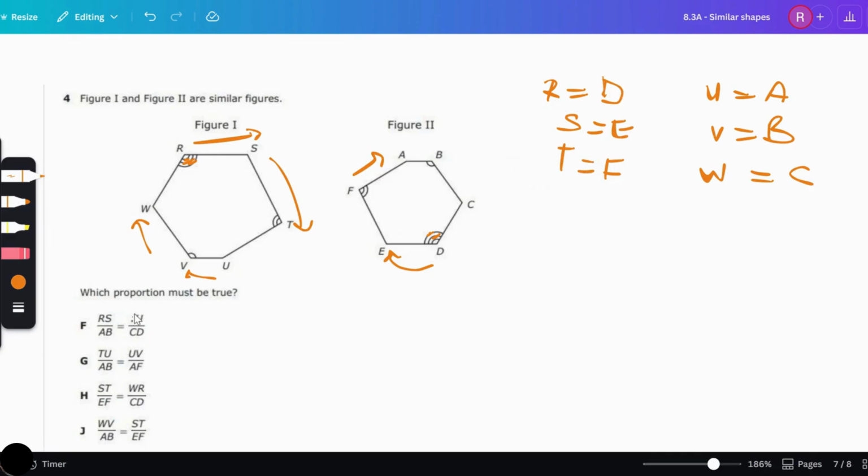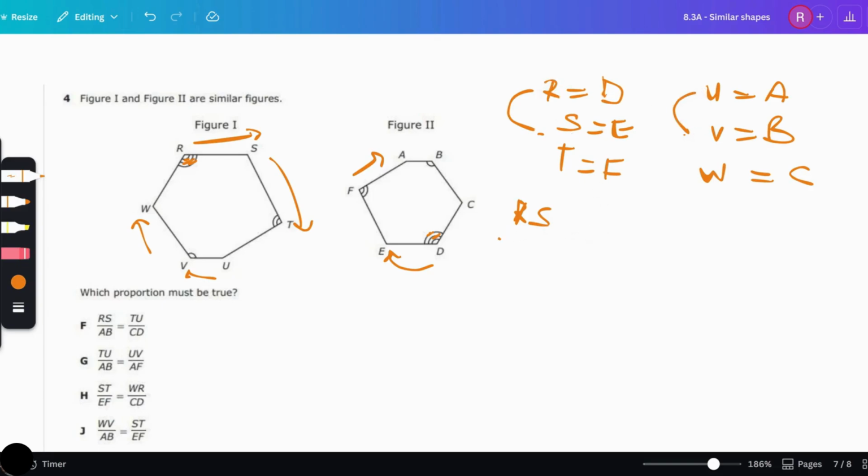Now we want to look at which proportion must be true. Let's see RS. RS must be equal to UV.